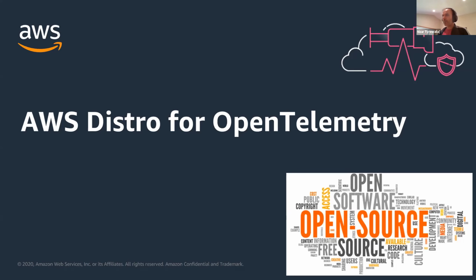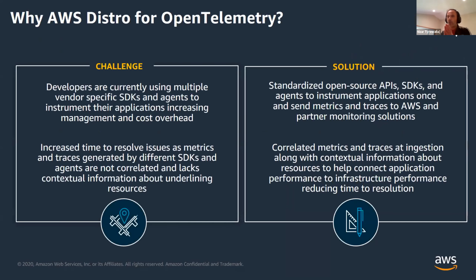So let's get started. What is AWS Distro for OpenTelemetry, and why is there a need for building one? We have heard from a lot of our customers that they use multiple agents and SDKs to instrument their applications.